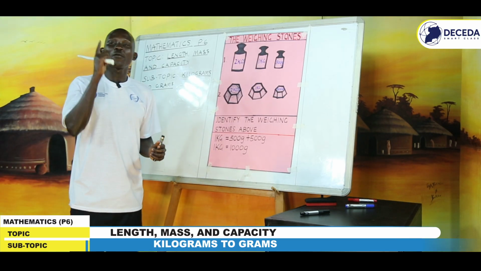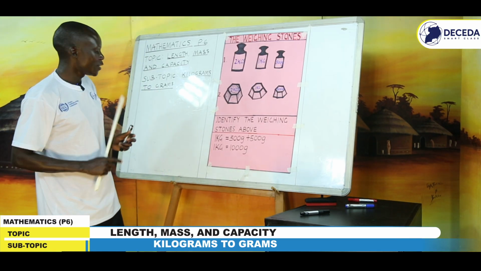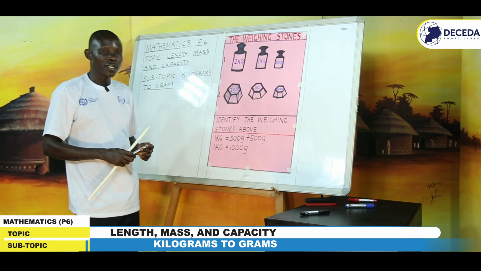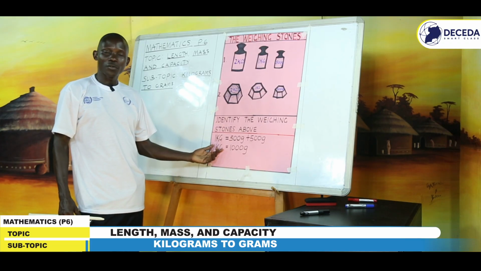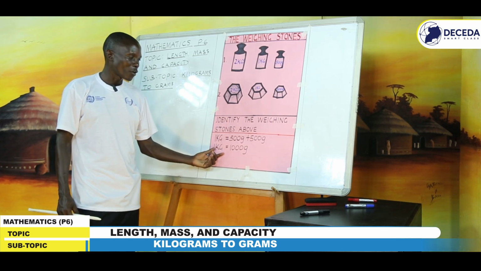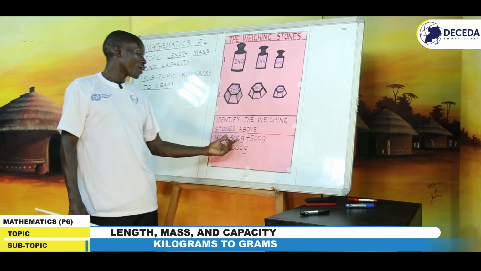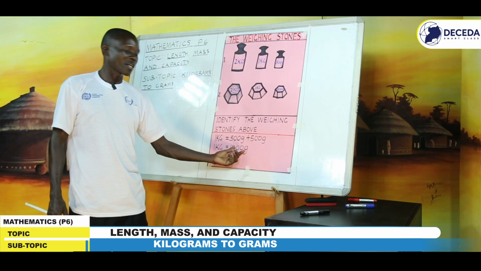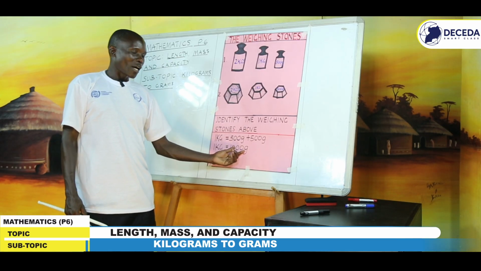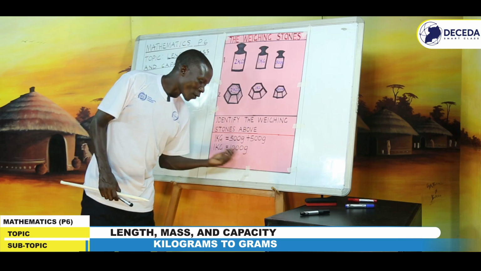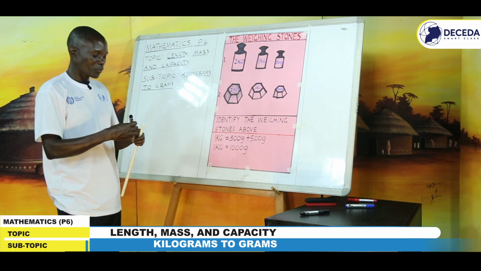And therefore, this now gives us the standard unit that we shall always use in case we want to know how many grams are in a kilogram. Therefore, how many 500 grams and 500 grams are here? I know the answer is 2 of 500 grams will make 1,000 grams.